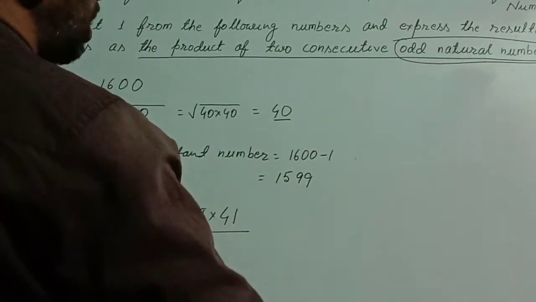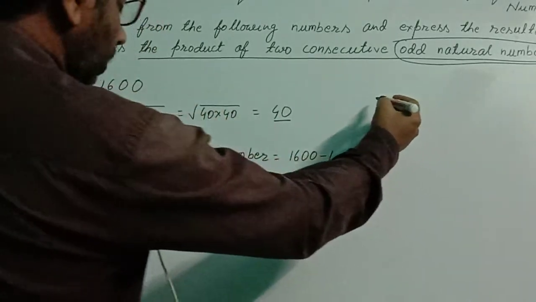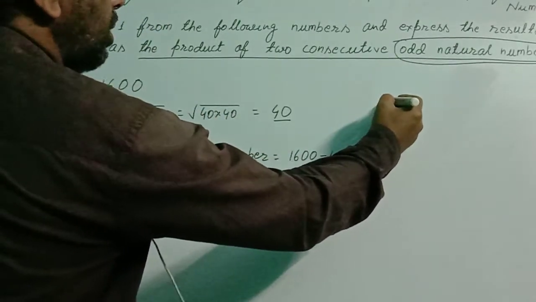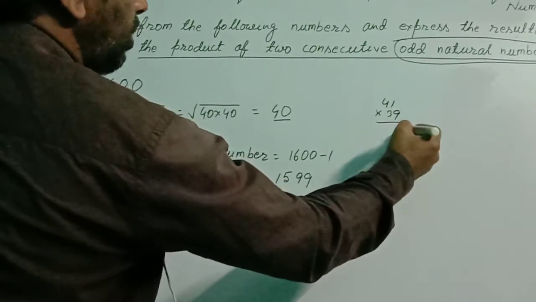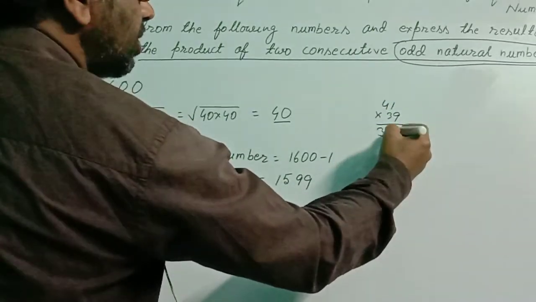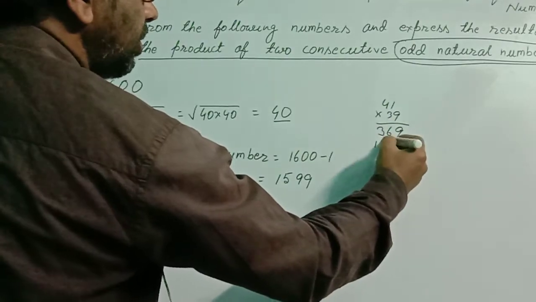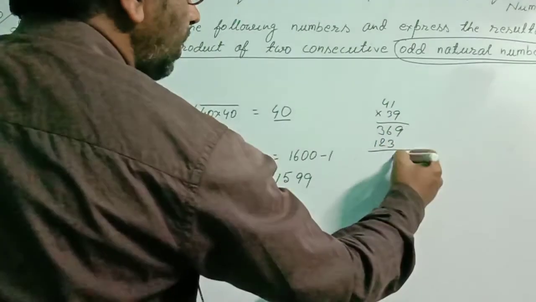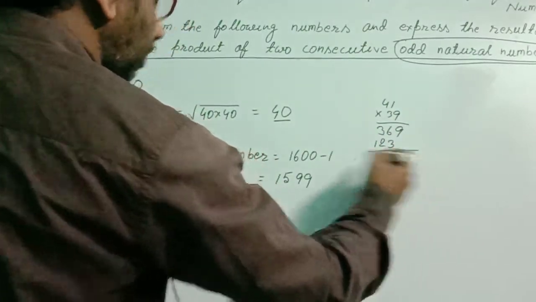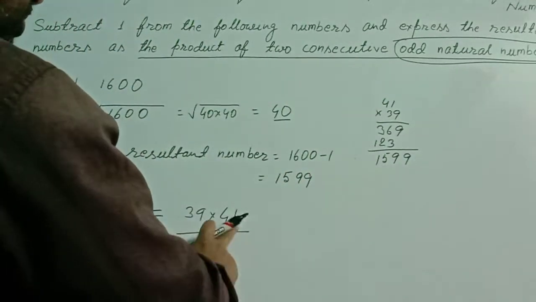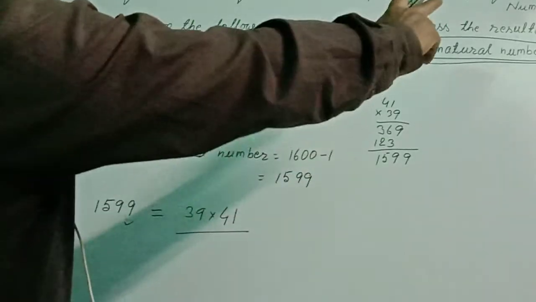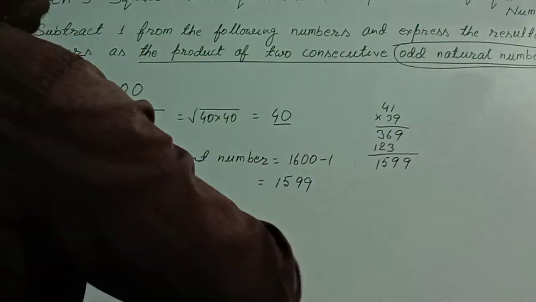These two became the answer. For verification we can check 41 into 39. 9 1s are 9, 9 4s are 36, 3 1s are 3, 3 4s are 12, 1599. So this resultant number is the product of these two consecutive odd natural numbers.